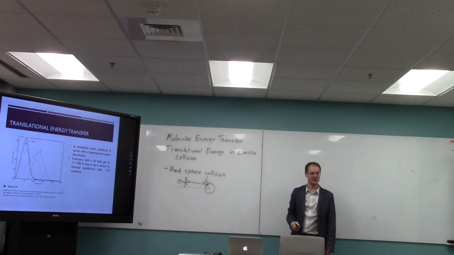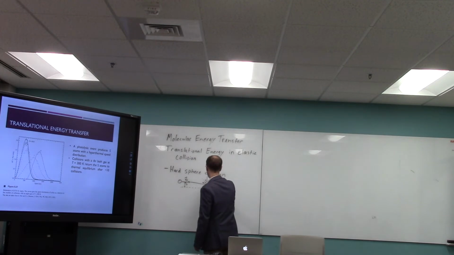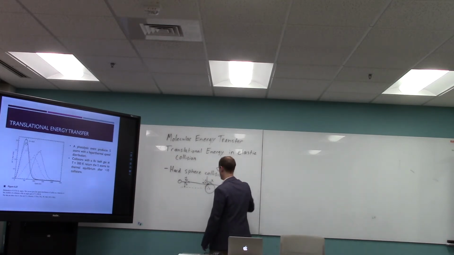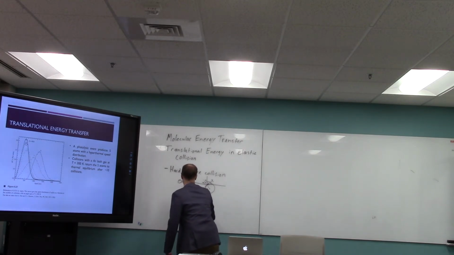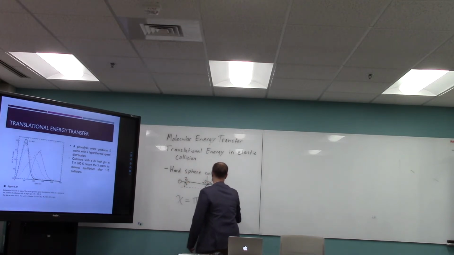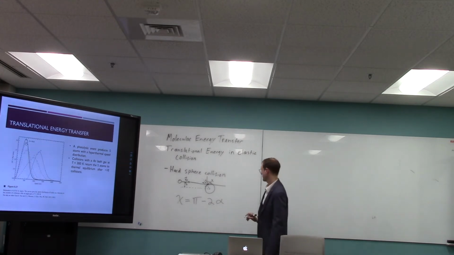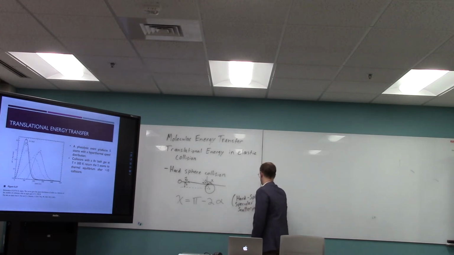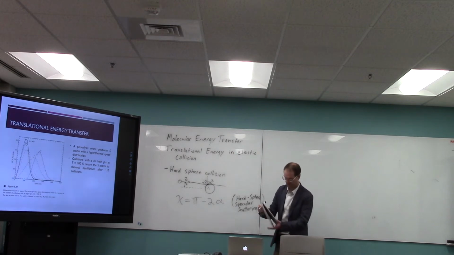Does that make sense? So the scattering angle, this angle here, chi, that we were talking about before, is just going to equal 180 degrees, so pi minus 2 alpha for specular scattering. Okay?